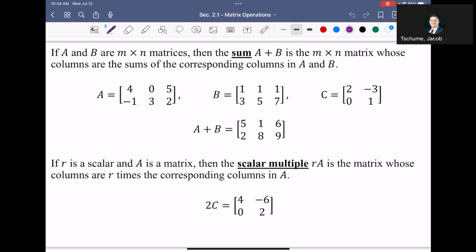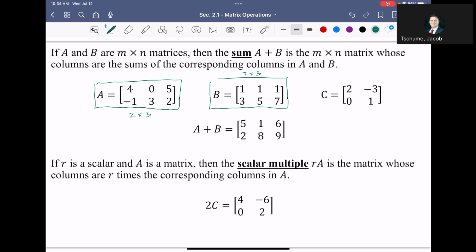What that essentially means is that, as you can see in my example of numbers that I picked out here, I've made up a matrix A, which is a 2 by 3 matrix, and I also made up a different matrix B, which is also a 2 by 3 matrix. Since those two matrices match the exact same dimension, we are allowed to add them together by essentially adding their corresponding parts together.